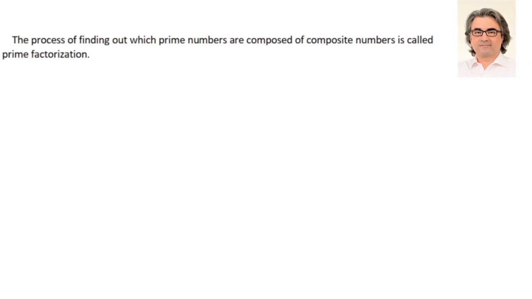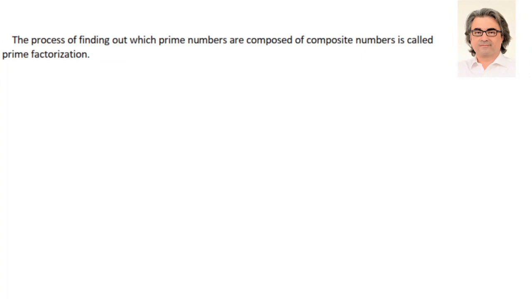In all mathematics, we'll need this subject, so we should concentrate on the definition of prime factorization. On our next lessons, we'll find all composite numbers' prime factorization. This is our unforgettable definition of prime factorization.